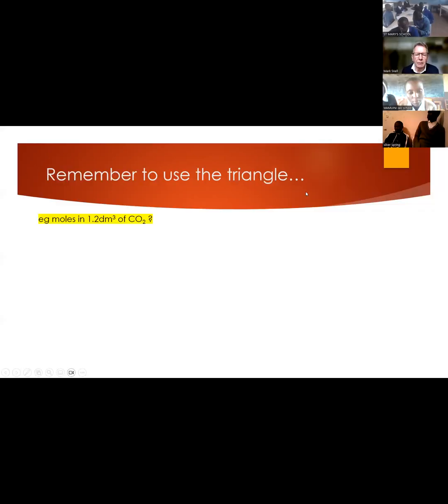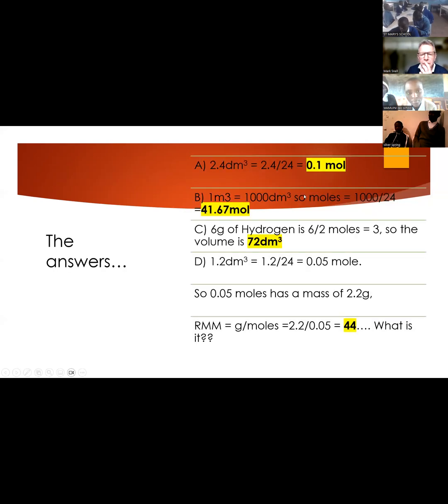Okay, here we are. The first one is quite easy. In the first one, we have 2.4, and if 1 mole is 24, then it's 2.4 divided by 24, which is 0.1. In the second one, 1 cubic meter, the best thing to do is to think, how many cubic centimeters is that?